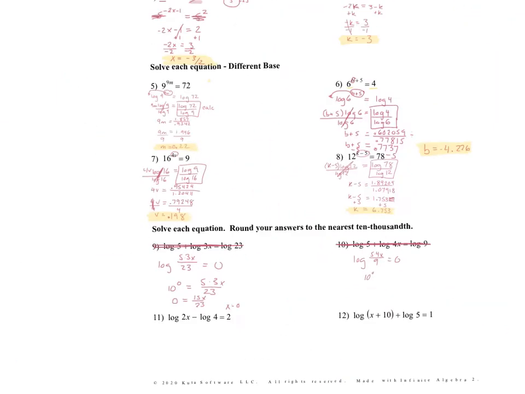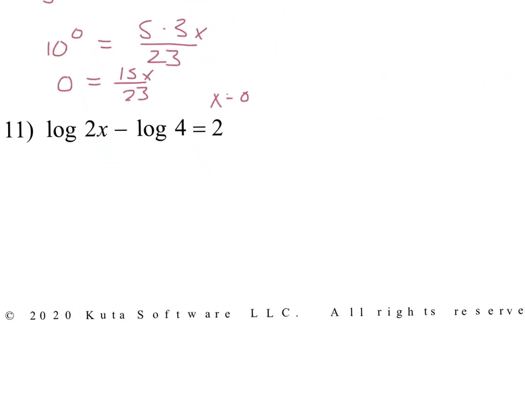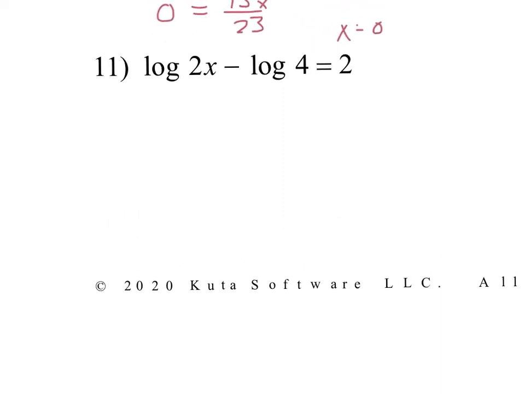All right, 2 more. So looking at 11, we said our goal for these is to get it to be 1 log. We can't do anything until we have 1 log on one side. So what we're going to do is, since we're subtracting, we can condense it into 1 log by dividing.